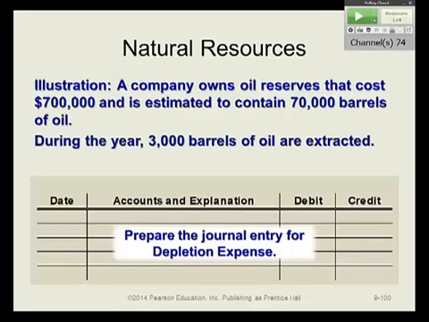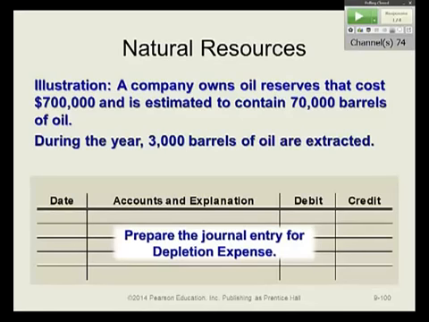Here, you would come up with a rate of depletion per unit produced. In the examples we gave you, we had a rate per mile driven or a rate per unit of output. This could be the rate for tons of gypsum or coal, barrels of oil, or cubic feet of natural gas. That would be the units that you would use.